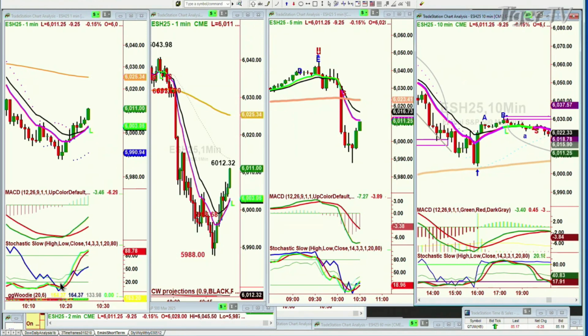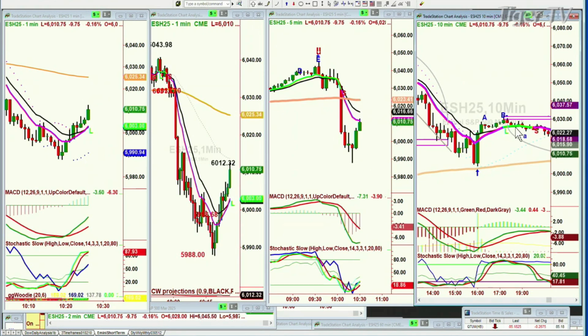I need this. So now what you're looking at is the 1-minute chart, the E-mini. 6,025 is the 200-period moving average. That's the first resistance. Then 6,023, which is lower, so it makes 6,023 in the 5-minute chart, 6,025 in the 1-minute chart.